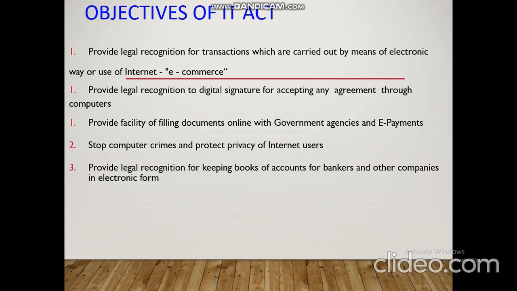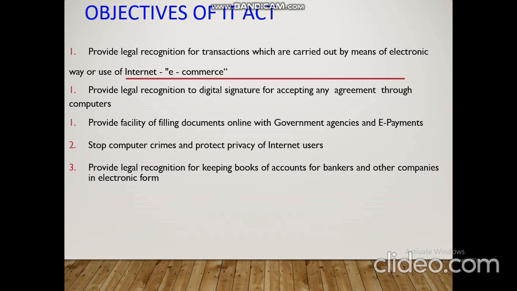So let us see what are the objectives of the IT Act. The IT Act provides legal recognition to transactions done by electronic way or by means of the internet. It also grants legal recognition to digital signatures for accepting any agreement via the internet or computer.